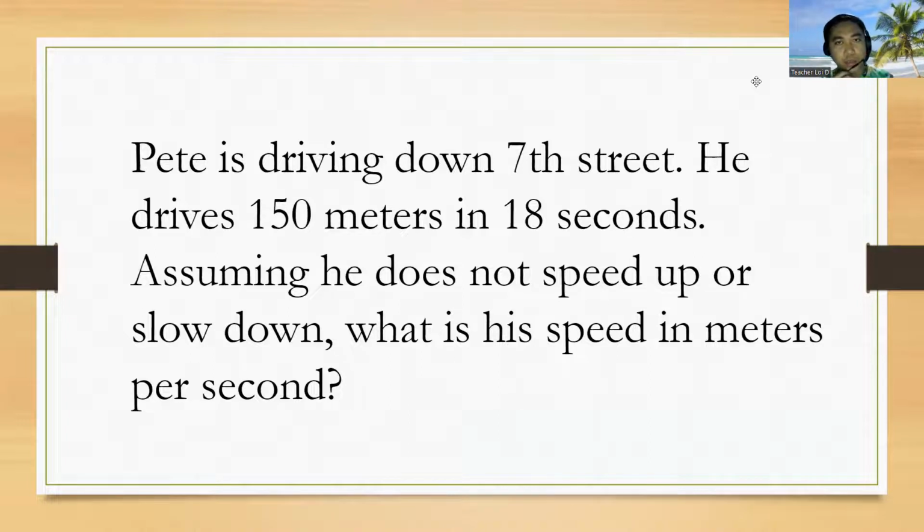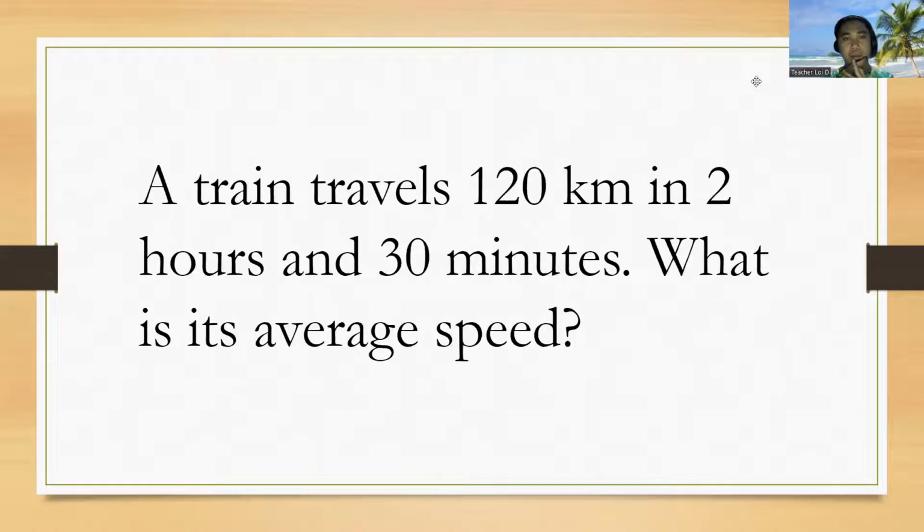I-divide natin yung 150 in 18 seconds. 150 divided by 18. So, ang magiging sagot natin dito ay 8.33 meters per second. So, check nyo sa calculator. Gamitin nyo yung formulang distance over time. Speed is equal to distance over time.